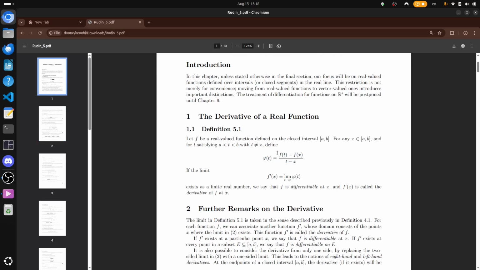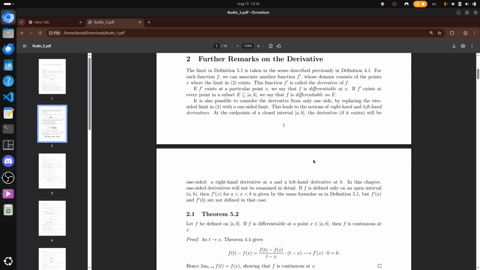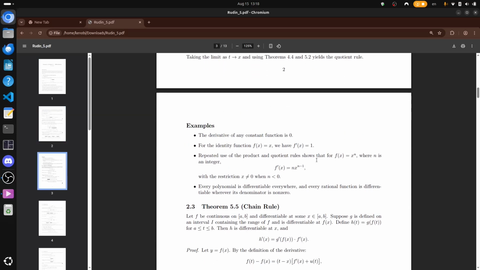Just replace it with t over here, replace it with x, you're going to get t minus x over t minus x, and no matter the limit, it will give you the 1. And if you repeat it, of course, you're going to get the famous derivative rule for polynomials, which is f prime of x equals n times x to the n minus 1.